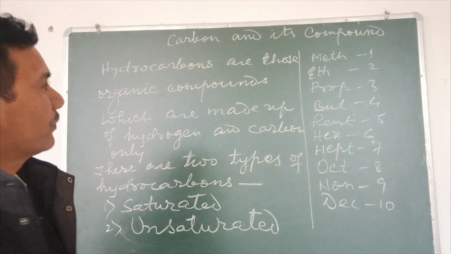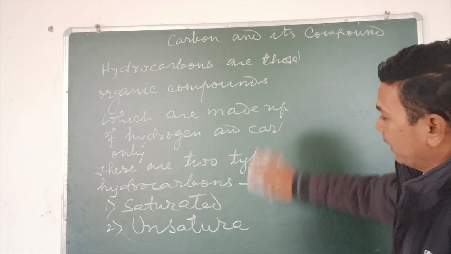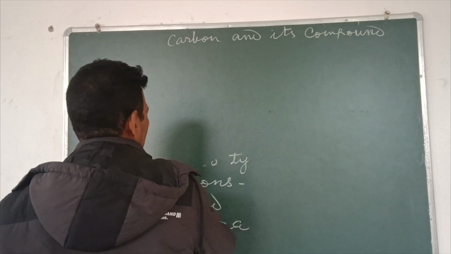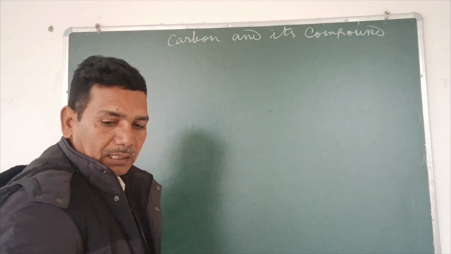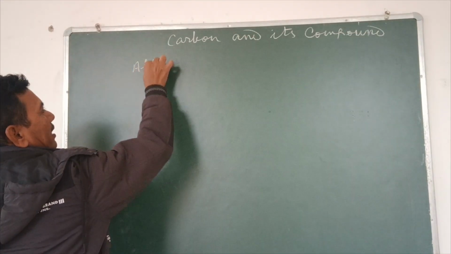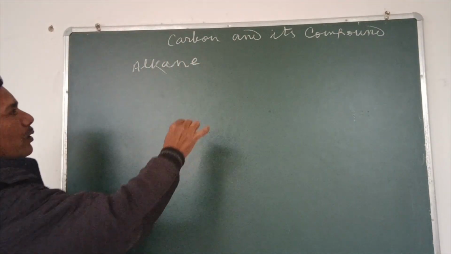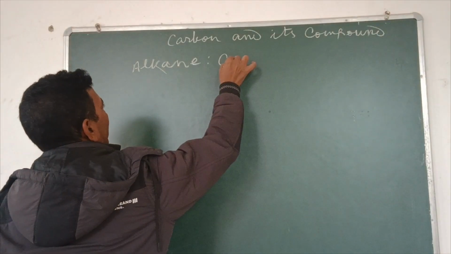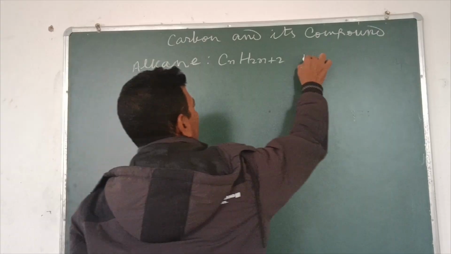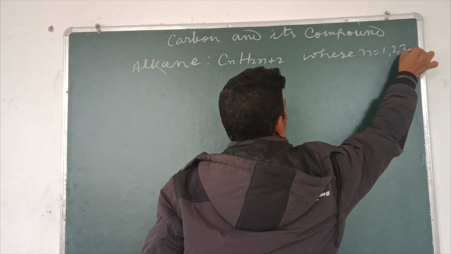We will now learn group by group. The first group of carbon compounds is alkane, whose formula is CnH2n+2, where n equals 1, 2, 3 and so on.